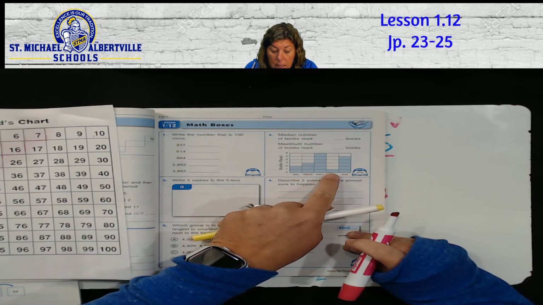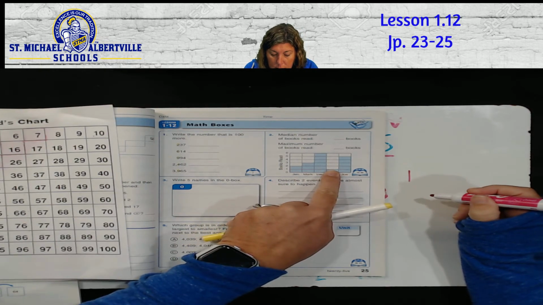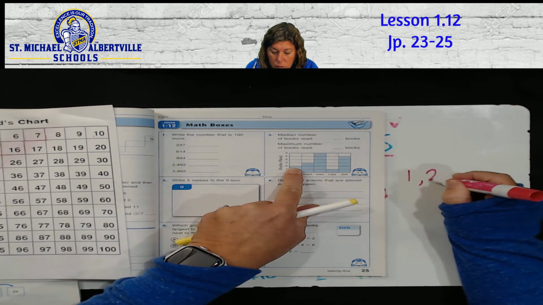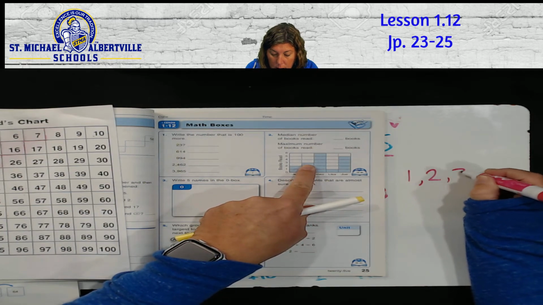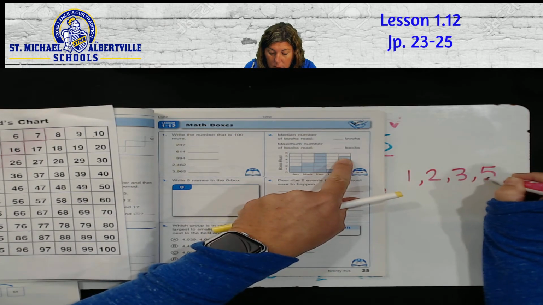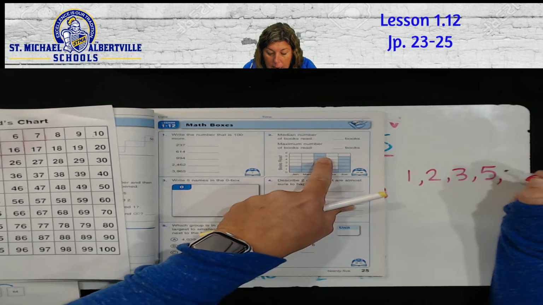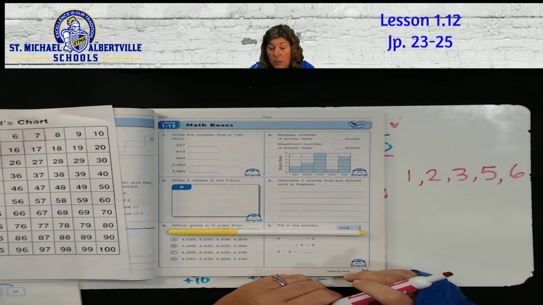So I'm just gonna go, okay, Lisa here had 1. So I'm done with Lisa. Okay, Jen had 2. Mark had 3. All right, and then we go to Joe. Joe has 5. And then Inez has 6. All right, so what I'm going to do is I'm going to find the middle number.